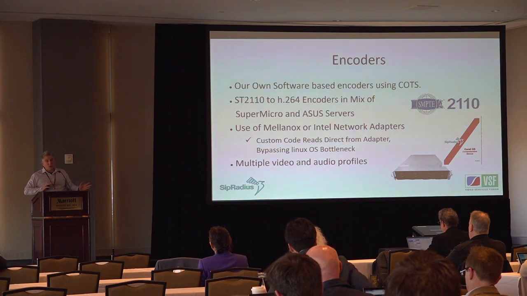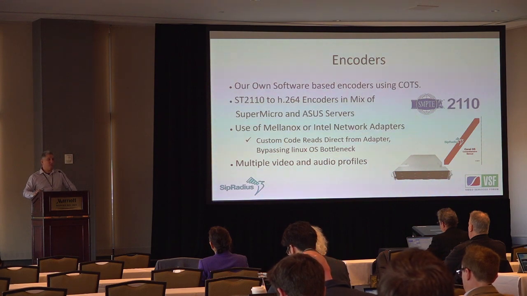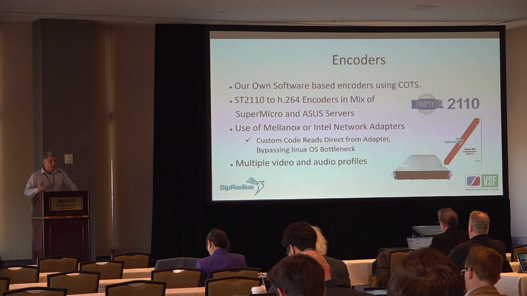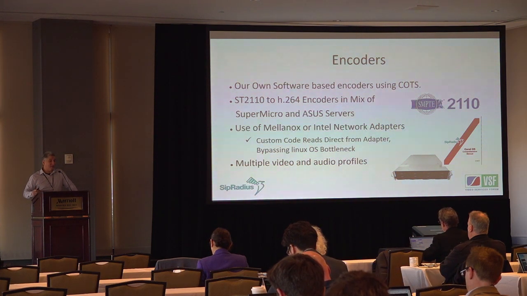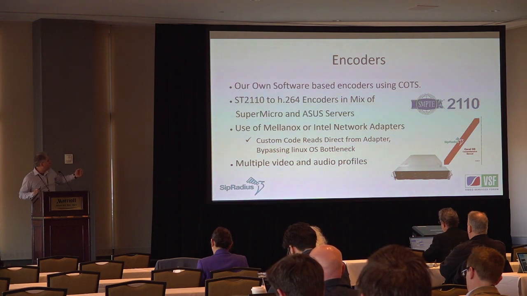Then we send all those down the chain to be distributed to the different viewers. We create multiple audio profiles to accommodate all the possible playback devices, and we want to minimize or eliminate the need for transcoding down the chain, which would introduce significant latency.